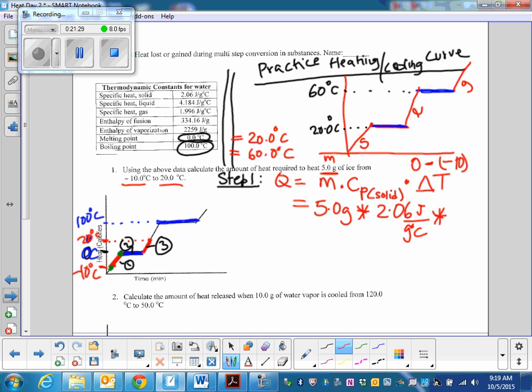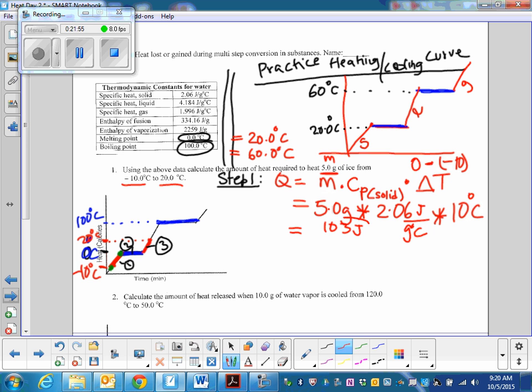Does everybody understand that? What is 0 minus negative 10? Plus 10. So, that's my change in temperature. And so, if I multiply, what do I get? I get 5 times 2.06 times 10. And my answer is 103 joules.